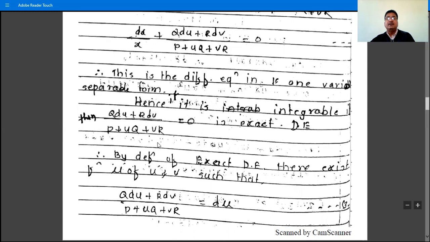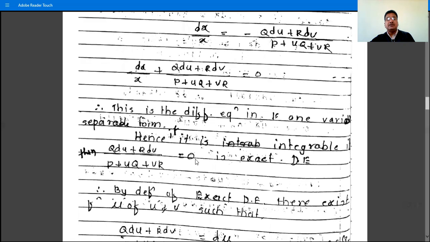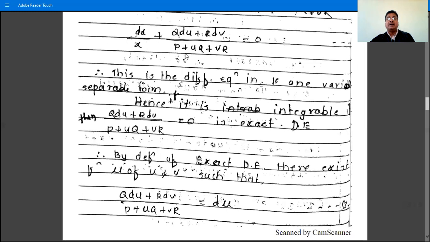We know that if the Pfaffian differential equation is one variable separable, and if you separate that variable, then the remaining part is what? It is an exact differential equation. So suppose the given Pfaffian differential equation is integrable, then this part is an exact differential equation. And if the given differential equation is exact, then there exists a function, suppose mu.